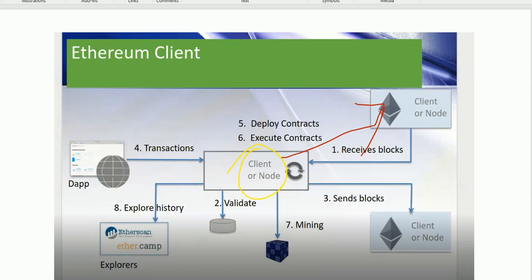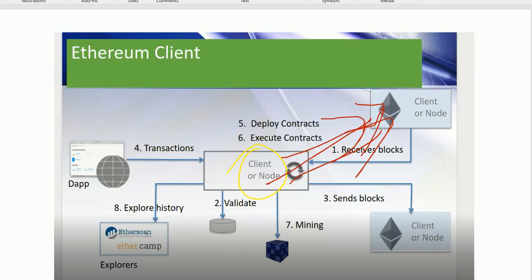Everything is deployed on the network. It's not just our one client, but there are so many Ethereum clients. One Ethereum client can connect to multiple Ethereum clients. So your Geth should have the capability to connect to other Ethereum clients. That is one of the basic and major needs for the Ethereum client.